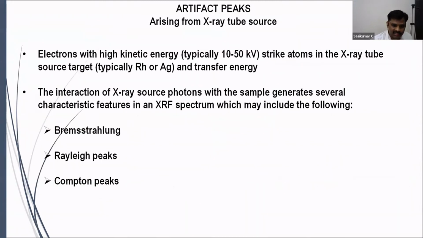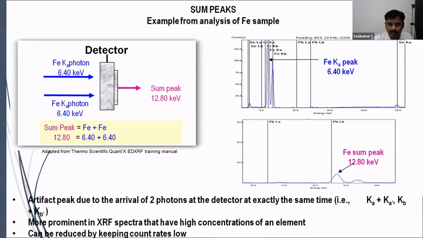And there are certain artifacts also coming up. For example, you are analyzing a specimen with a larger quantity of iron, or any other material. Both reflections, like K alpha of iron, come at the same time. So they can combine with each other, and a peak will come up at 12.8 kilo electron volt.